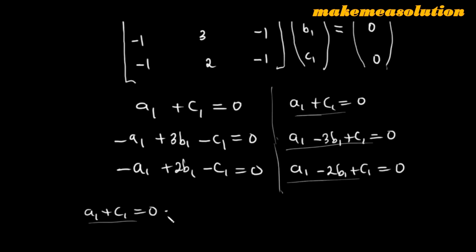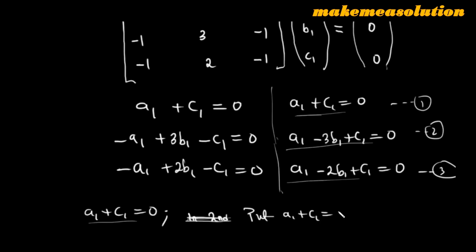We call these equation 1, equation 2, equation 3. So put a1 plus c1 equal to 0 in equation 2 so that we can find the value of b1.